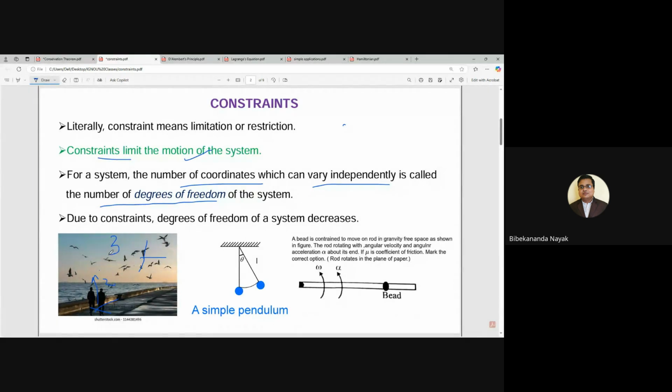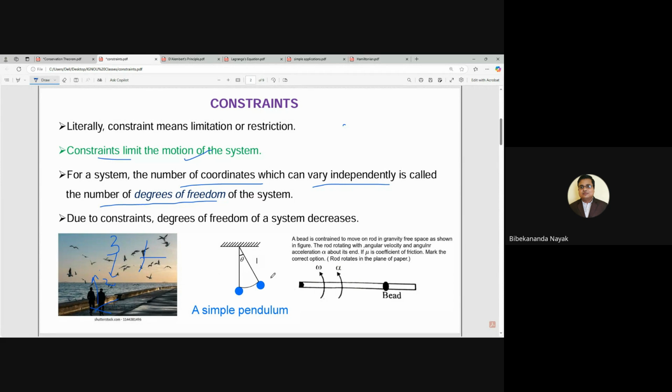So we have a constraint that we cannot fly. A human being's degree of freedom is 2, so it cannot fly. It cannot change its height, you can say. But a bird can move in any direction. It can change its position along space, so it has 3 degrees of freedom. So we have a constraint. Constraints reduce the degree of freedom.